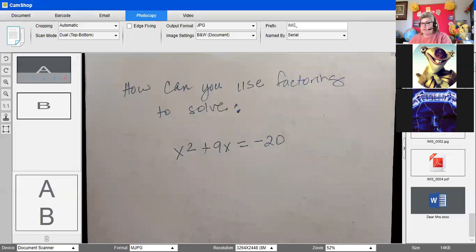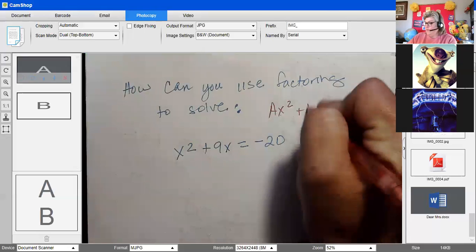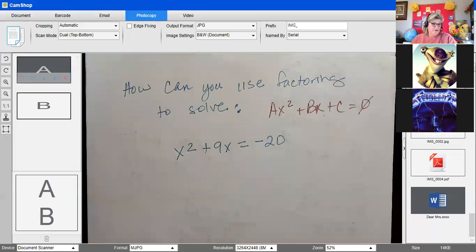So now this one looks just a little different. And one of the things that we have to do is put it in standard form. And to put it in standard form, remember, that is ax squared plus bx plus c is equal to 0. So how can we get that right side to be equal to 0?